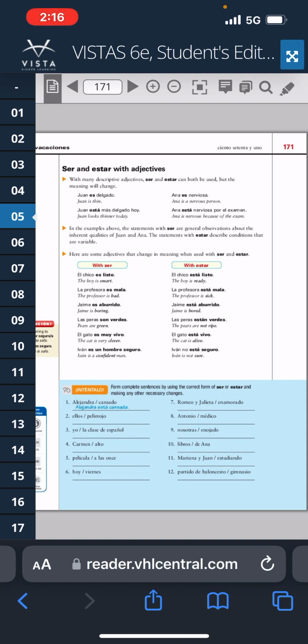Jamie está aburrido. Jamie is bored. Las peras están verdes. The pears are not ripe. El gato está vivo. The cat is alive. Ivan no está seguro. Ivan is not sure.